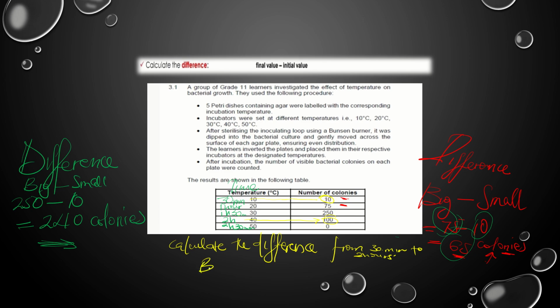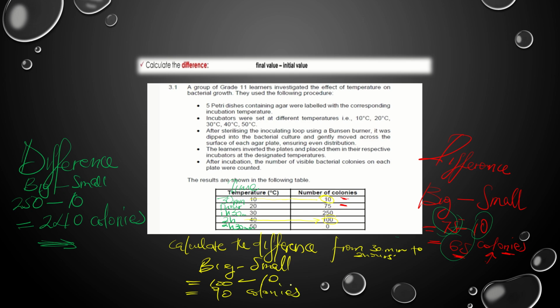From our formula, we say big minus small. So we say 100, which is the largest number of colonies, minus 10. Then the difference from 30 minutes to 2 hours is going to be 90 colonies.